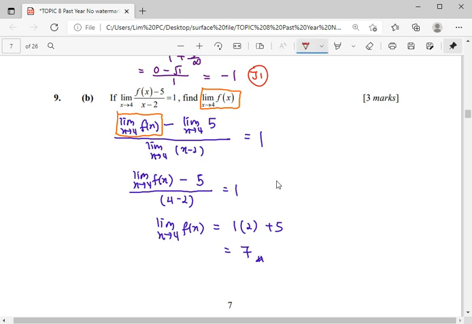This is our first concept: finding the limit for the corresponding functions one by one, and then simplifying the limit of the constant and the limit of the linear function to get the answer.